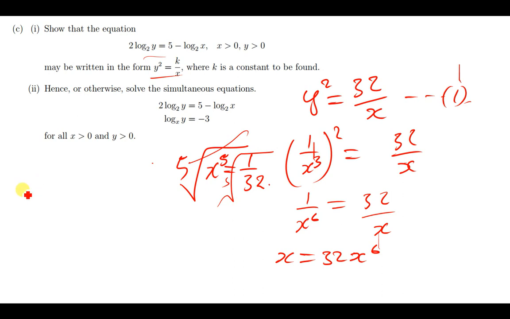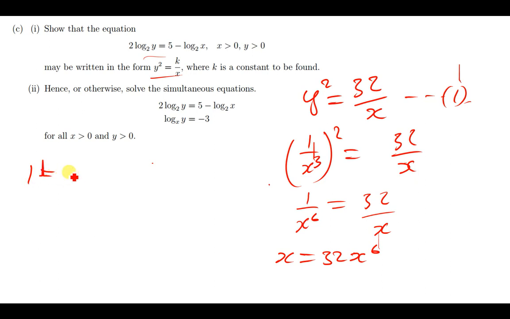Let me write it properly. So we had 1 is equal to 32x to the power 5. Then we divide everything by 32. You are getting x to the power 5 as equal to 1 over 32.